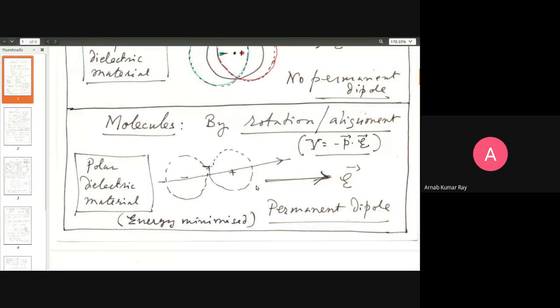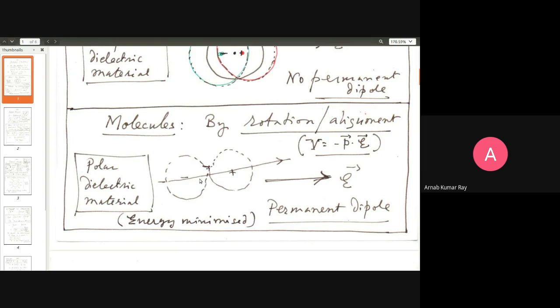Now, the natural tendency of a dipole is to align with the direction of the electric field, where the positive charge will be forward in the direction of the electric field and the negative charge will be in the opposite direction. So that will give you the lowermost energy configuration.